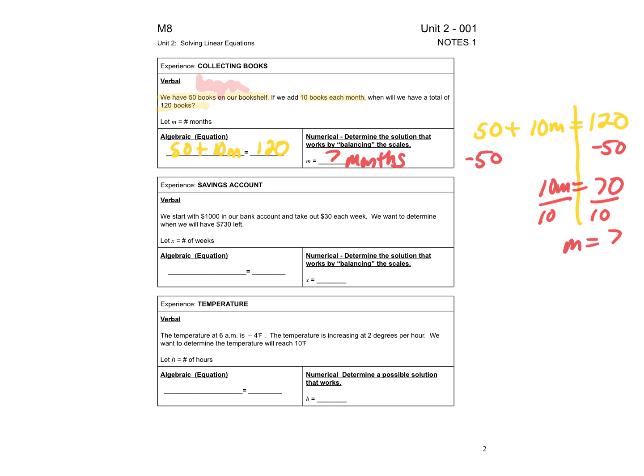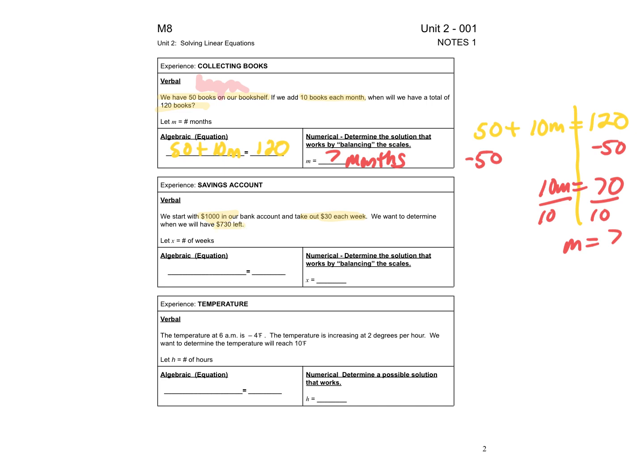We want to determine when we will have 730 left. Okay, so we begin with 1,000, and then we take out, so we decrease per week 30, and then we have 730 left.